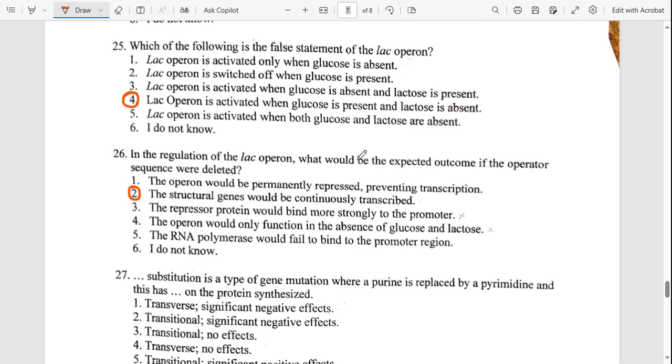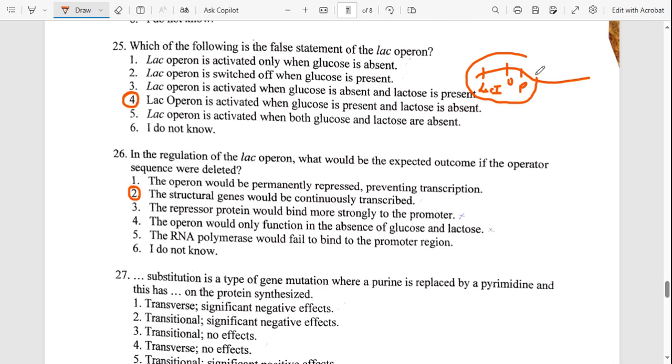The structural genes are the genes that are going to code for the enzymes, I told you that. So for the lac operon, the structure is like this. You have got two genes, what we call lac inducible, and then you have got the operator and the promoter.